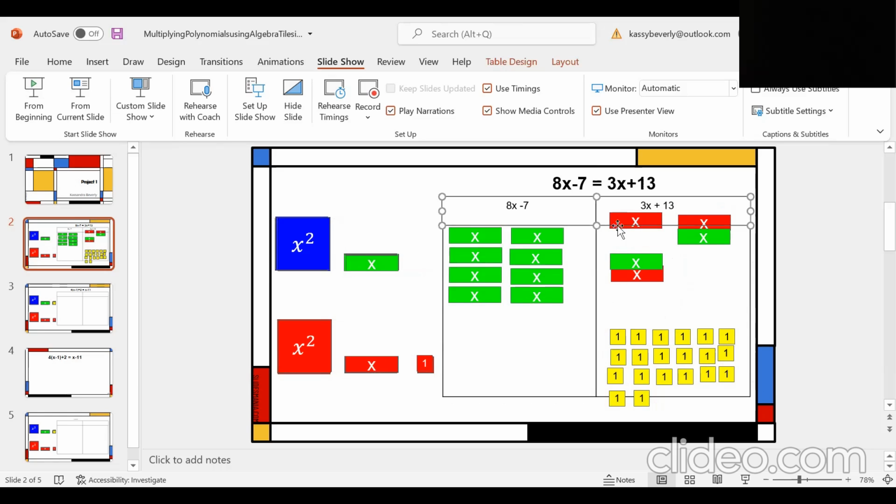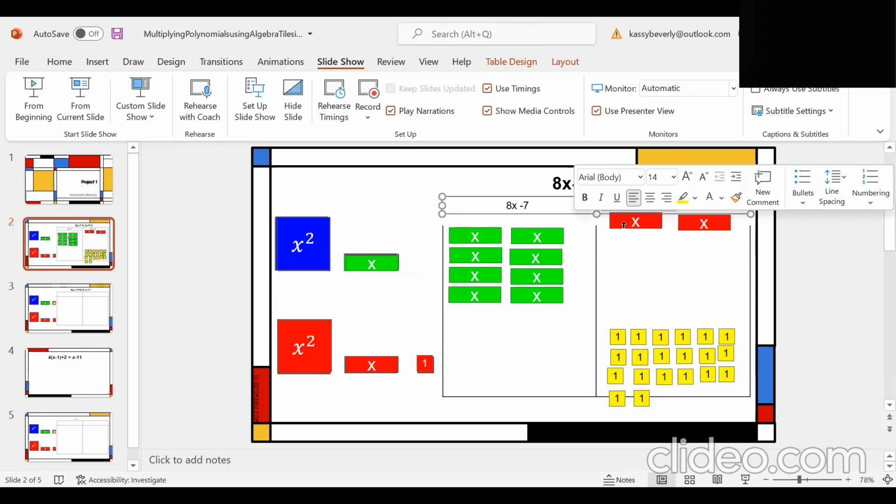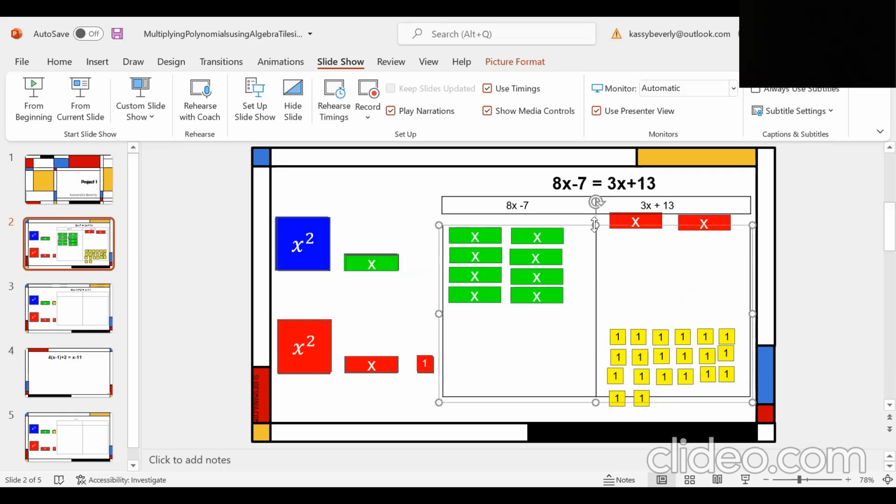So we're going to go ahead and remove those because they do cancel each other. Let me move this bar up for just a minute. There we go.